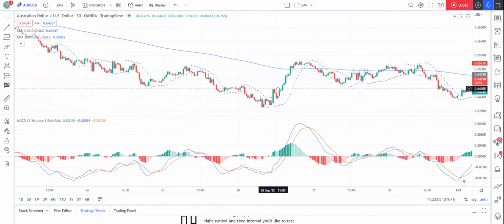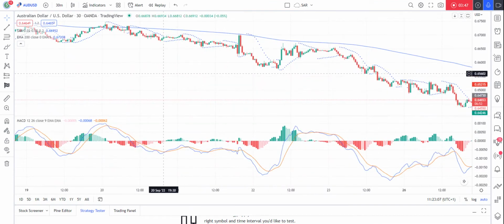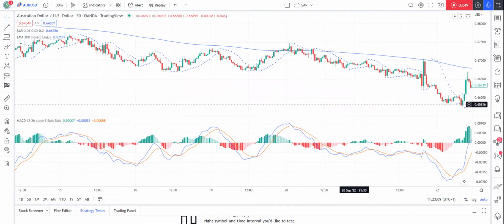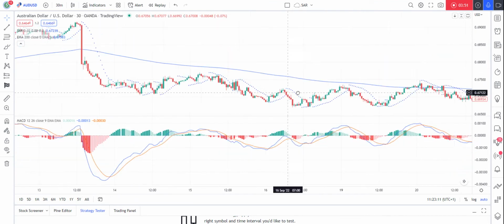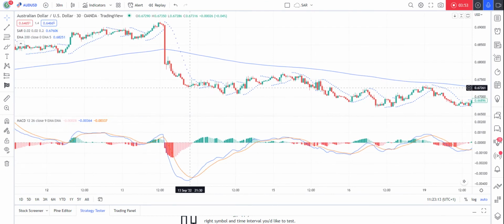Just pick up random data. So here's one other example. Okay, price has dropped under the 200 EMA. The parabolic SAR is above, and the MACD crossing happened above the zero line.